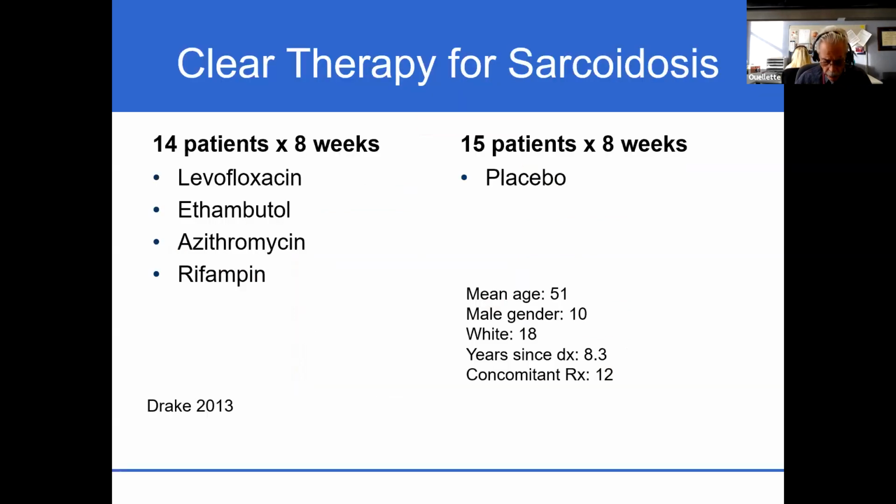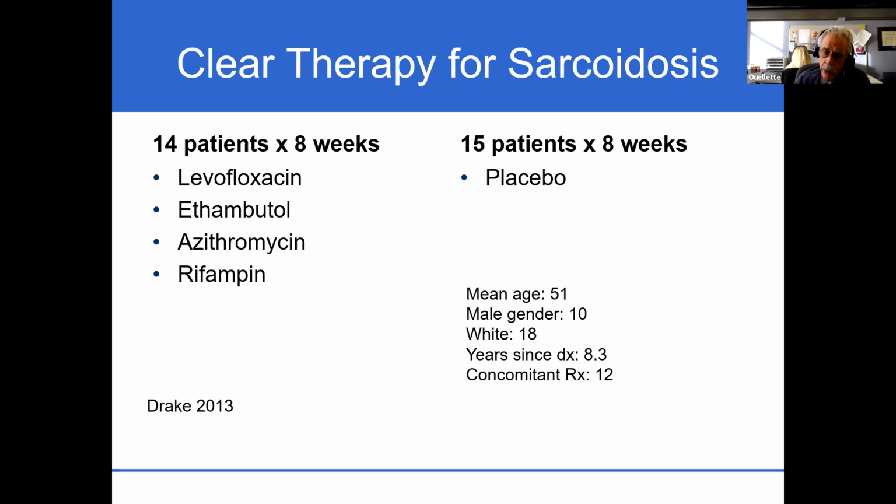I finally want to share with you one study that I think is very interesting and needs to be looked at more closely in the future. This is a study that came out of Vanderbilt, and the main author was Wonder Drake. What they did was they took patients with cutaneous sarcoidosis.